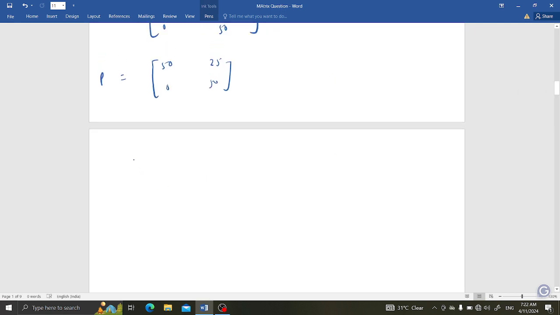Okay, so what is summation B actually? Summation of B raised to the power n, n equals 1 to 50. The matrix is at the end: 1, 2, minus 1, minus 1, and here we have 50, 25, 0, 50, and here we have minus 1, minus 2, 1, 1.